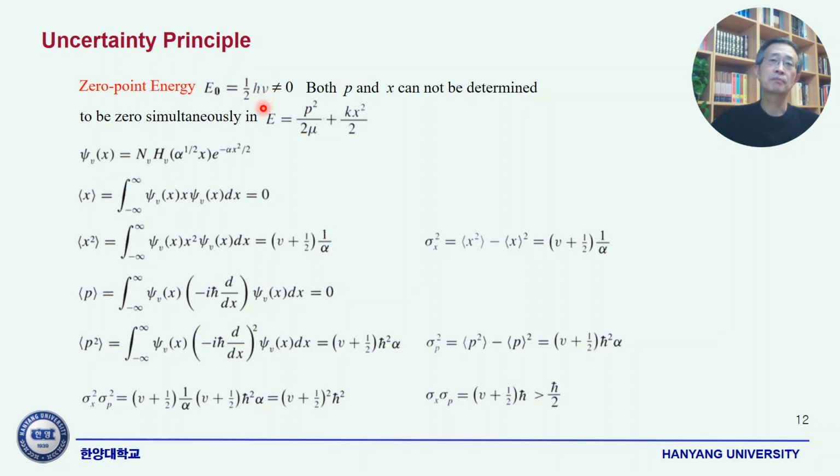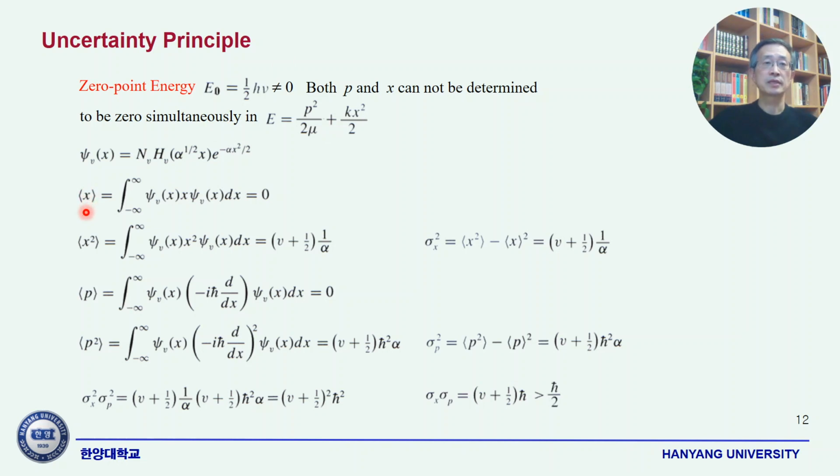So that means that both p, momentum, and x, the position, cannot be determined to be zero simultaneously. Both cannot be zero at the same time. That's because the energy itself is the kinetic energy plus potential energy. So both of them could not be zero at the same time. Okay, that's a manifestation of the Heisenberg uncertainty principle, but we can check it.